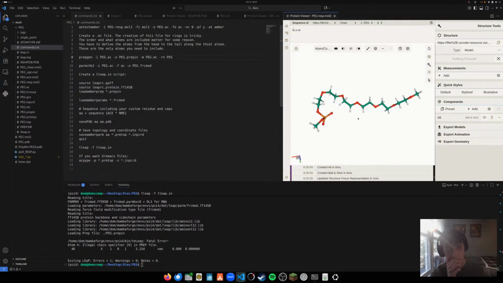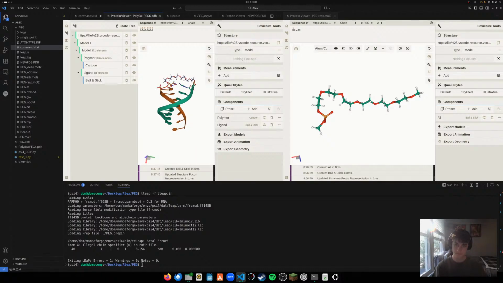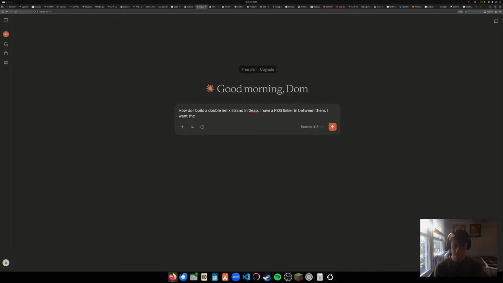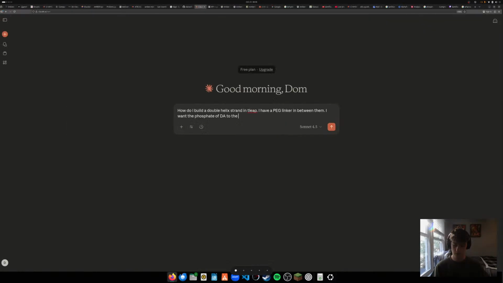So it'd be the phosphate of which residue is this? DT? No, sorry. It'd be the phosphate of DA to the sugar to the ribose.